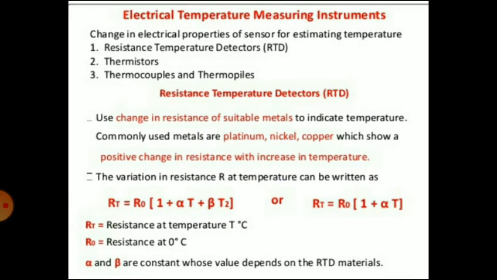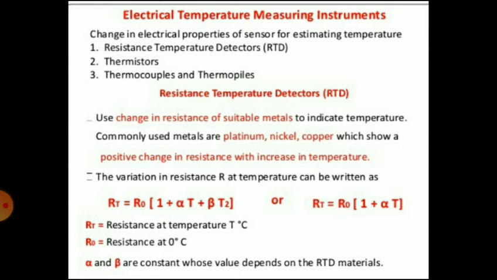Now, in this lecture, we will discuss only electrical methods of measurement of temperature. Electrical methods are very convenient because they furnish a signal that is easily detected, amplified, or used for control purposes. In addition, they are usually quite accurate when properly calibrated and compensated. Several temperature sensitive electrical elements are available as means of measurement.